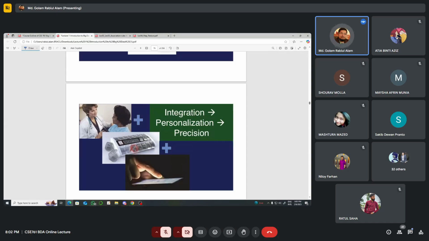Okay, so the integration is necessary. Then after integration, we need to think about the personalization for the precision. That means think about the integration of sensor data, people data and also our organization data.